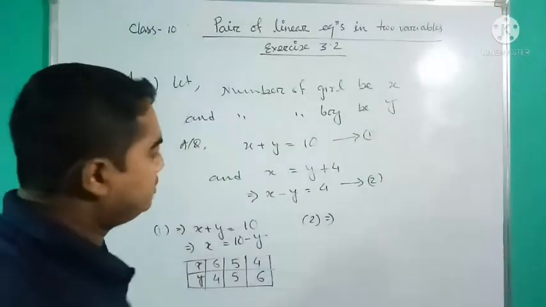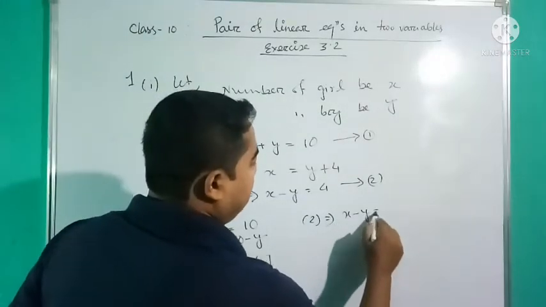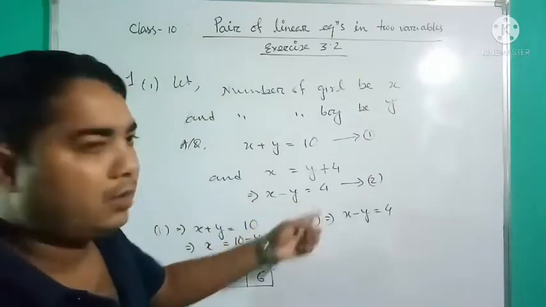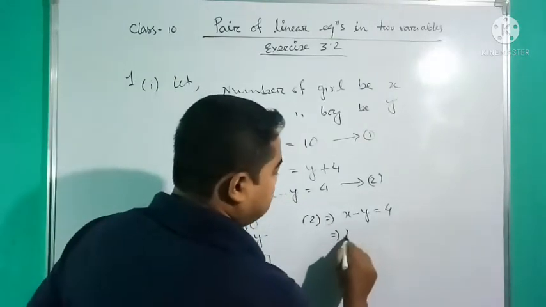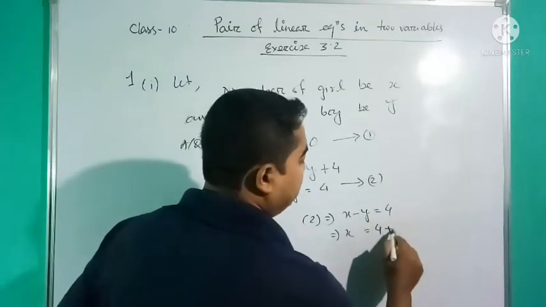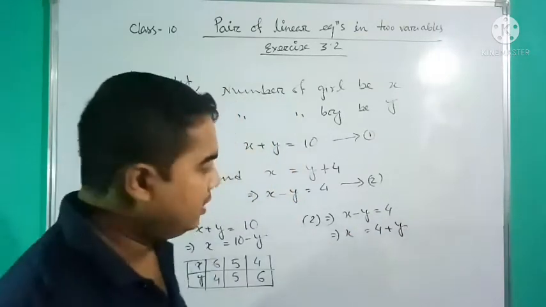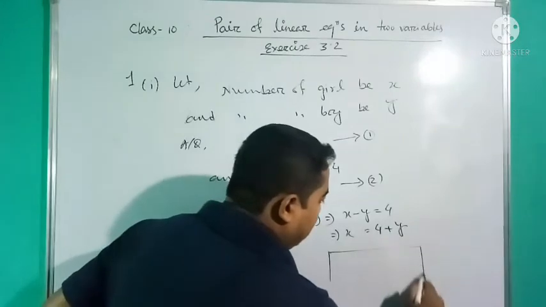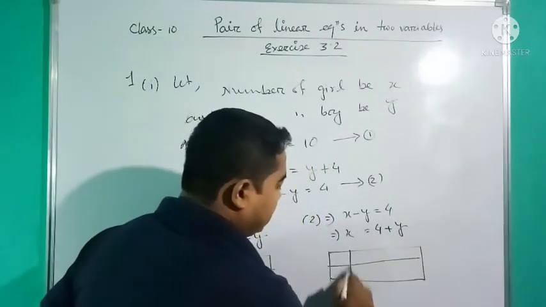Equation number 2 is x minus y equals 4. Then transfer y to the right side, so x equals 4 plus y. Now find any 3 coordinates from the given equation.